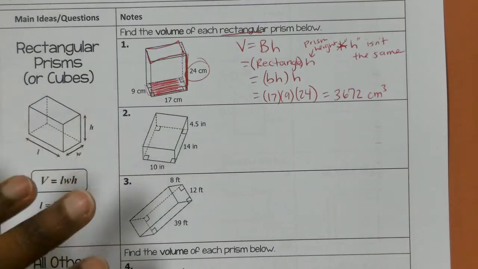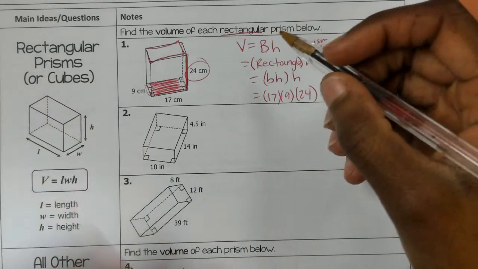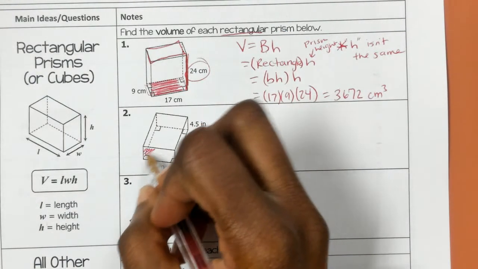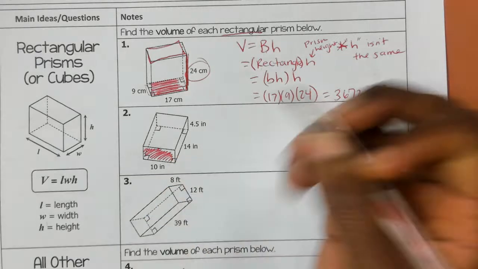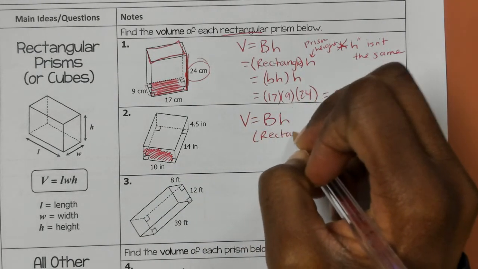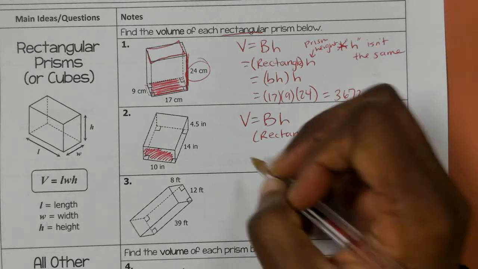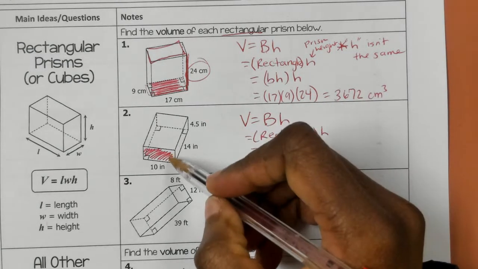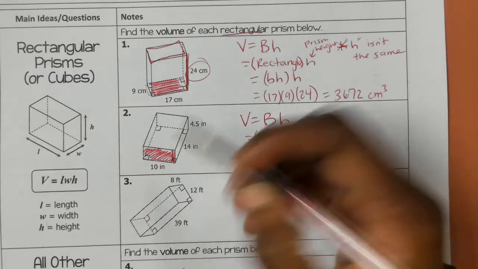Okay, so 2 and 3 are going to be very similar to this. You can consider any side to be your base since they're all rectangles, but I'll just make this my base. So my volume is going to be capital BH, and the base is a rectangle. The dimensions of this rectangle are 4.5 by 10.